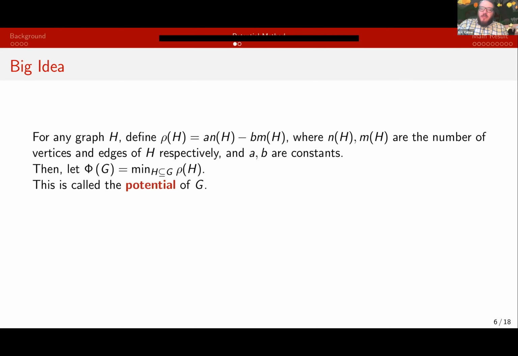But this one is linear as opposed to the average degree, which is the number of edges over the number of vertices. So it acts differently. But this is a linear measure and we want to minimize it over all of the subgraphs. And we call that the potential of a graph.